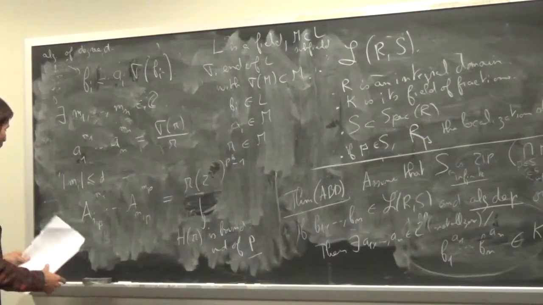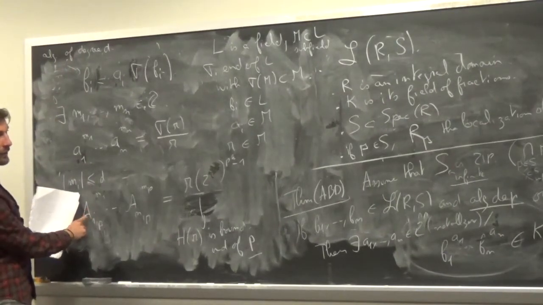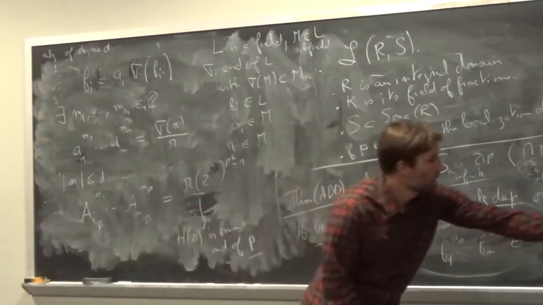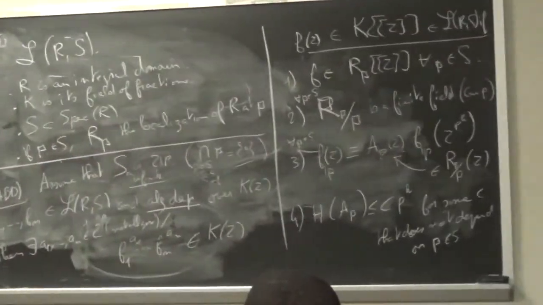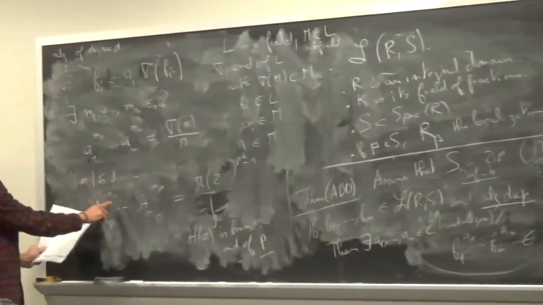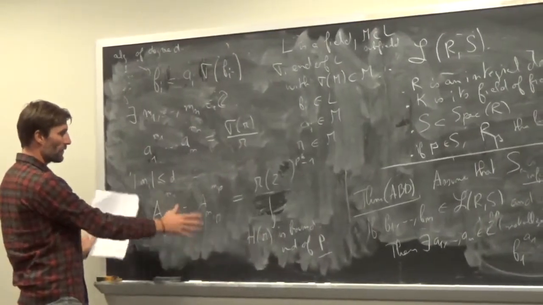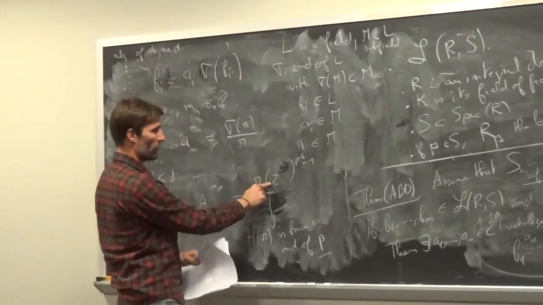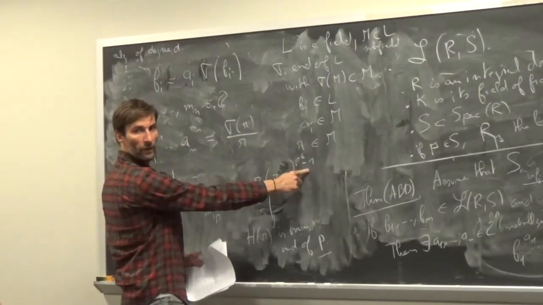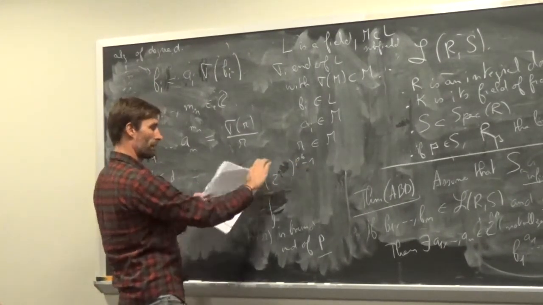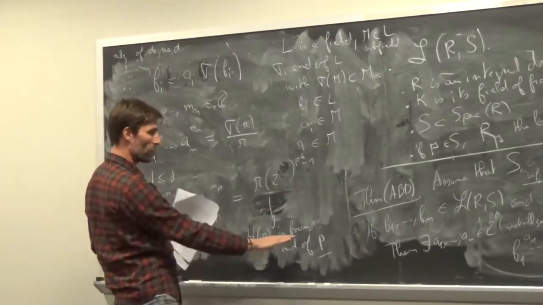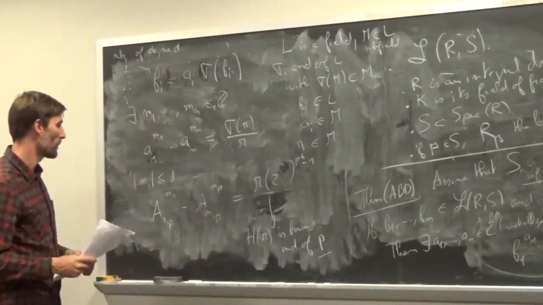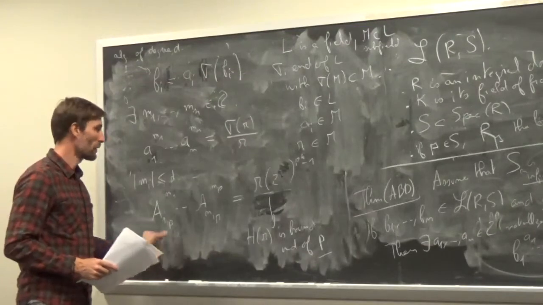Because this is something at most p^k times a constant, and these are constants that do not depend on P. So the whole thing is something in p^k. And here we have a rational function to the p^k minus 1. So this one has to have a degree bounded uniformly in P.